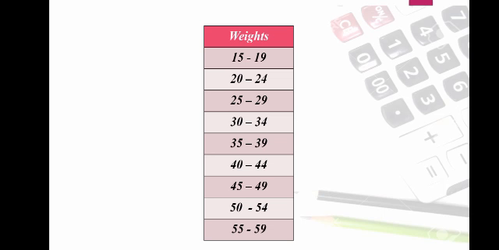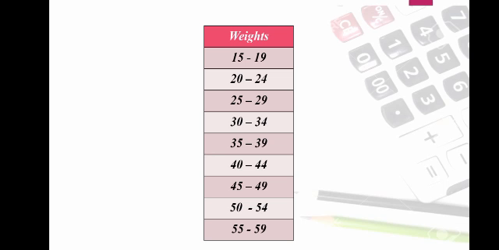That is the interval, and that will tell you that there is a difference of 5 between two classes. For making the preceding class you can subtract 5 from the first lower class, that is 20. 20 minus 5 is 15. So here we can make the preceding class of the first row. Then 24 minus 5 is 19. As 15 to 19 is not part of our table or our data, the frequency of that row will be 0.